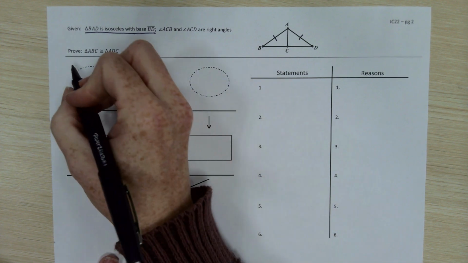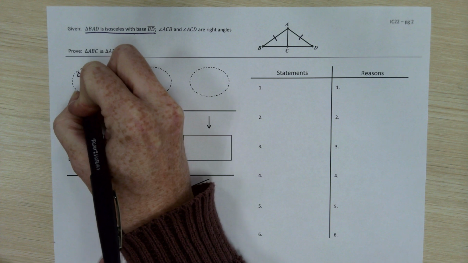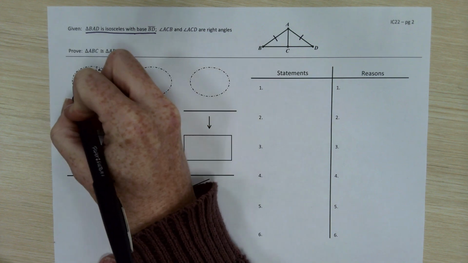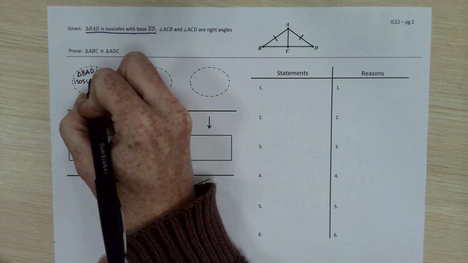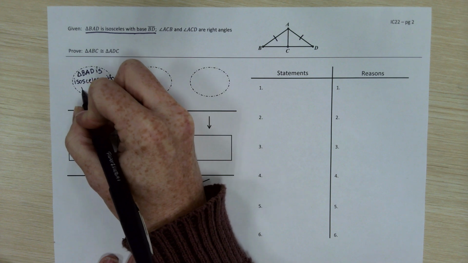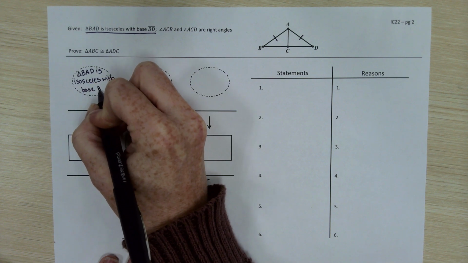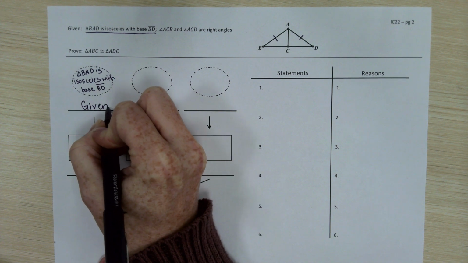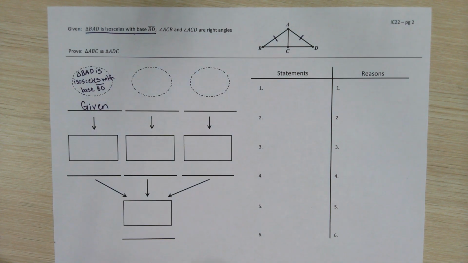This is a vocabulary word that doesn't yet tell us about congruent sides or congruent angles. So that's going to be bubble information. So we're just going to copy it exactly as it's written into that bubble. You know there's not a lot of space, so just try to do your best to fit that in. And the reason we know that statement is true is because it was given to us.